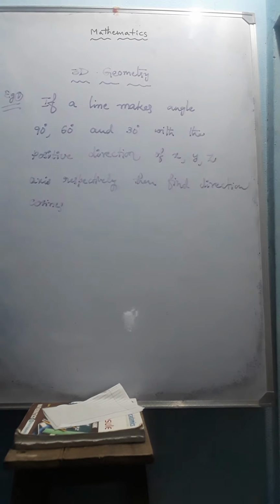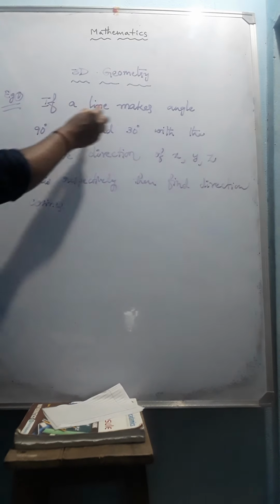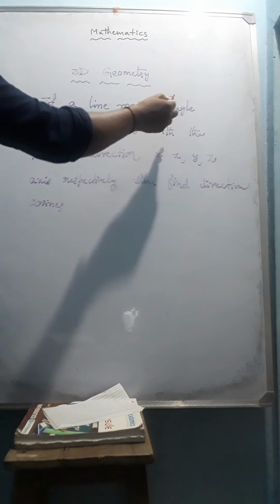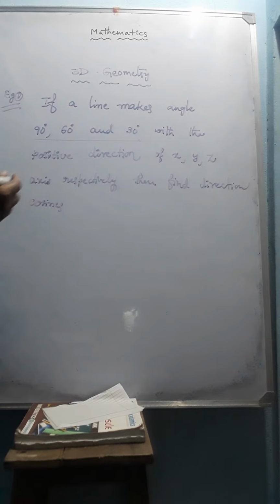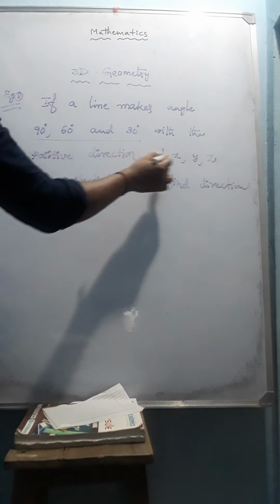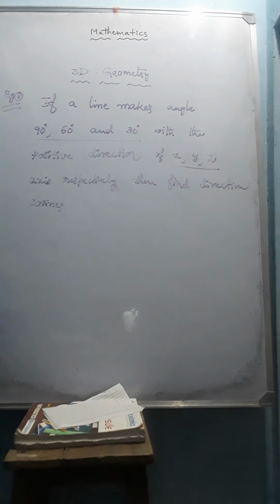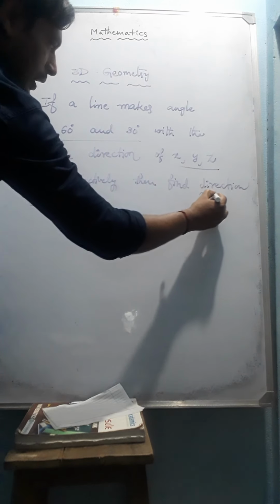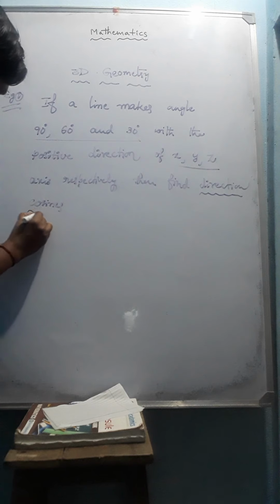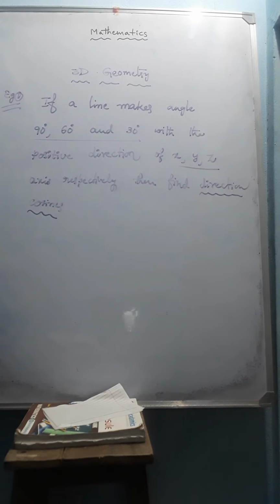So if you see the problem, if a line makes angles 90, 60 and 30 with the positive direction of x, y, z axis, then find direction cosines. You can underline direction cosines. Now the answer.